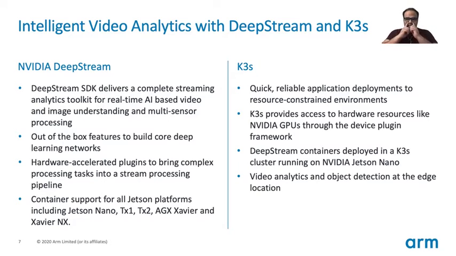And since the analytics and object detection, which I think we talked about earlier, will happen directly at the edge devices or at the edge location, everything will be self-contained, and it can happen at any different location. There are multiple real-time applications for it, like a toll booth where a camera is pointed at the highways and can detect a lot of things. It can provide a stream to these DeepStream SDKs running on a K3s cluster, and that can all happen at the edge location.